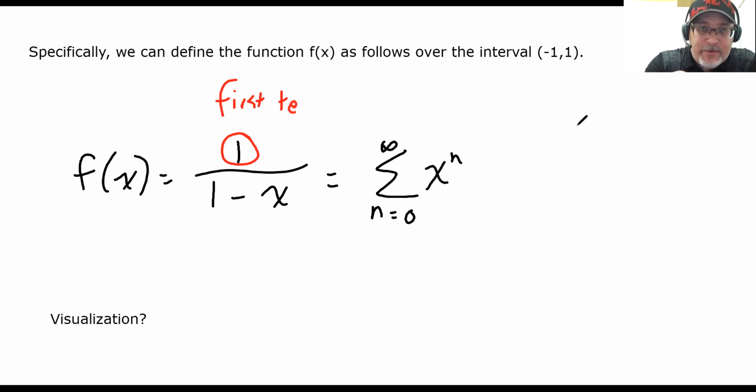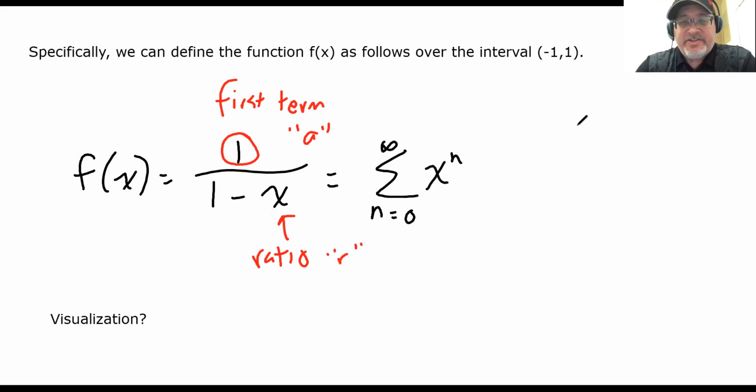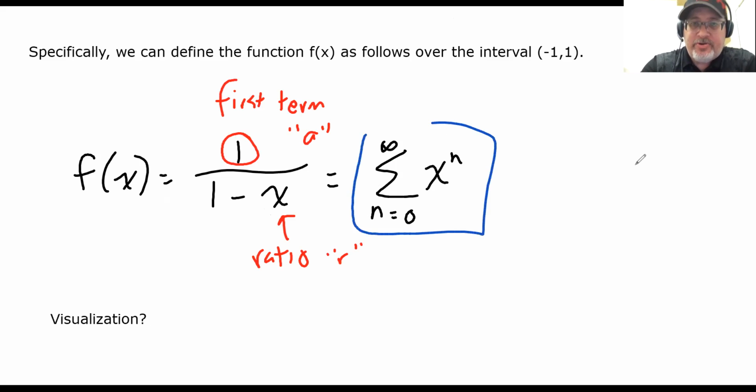So that's our A, if you will. And this x would be the ratio, so R. And as a consequence, we can build this geometric series, this power series, to represent that function.